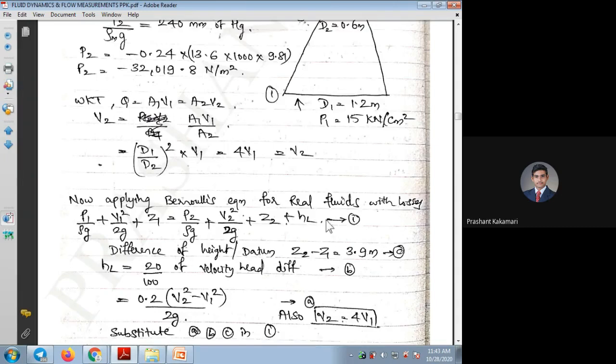So this entire equation you have to consider with the parameters given in the question. I can write HL in terms of V2 and V1. V2 I can write in terms of V1 as 4V1, and one can find out the unknown value of V1. So once you know the V1 value, later by the discharge equation we can find out V2 also.